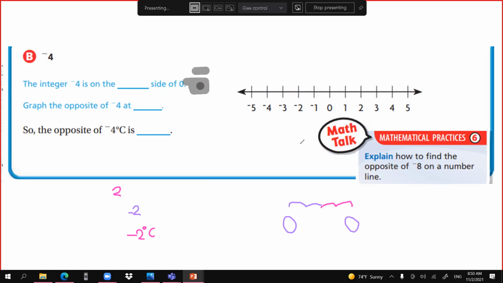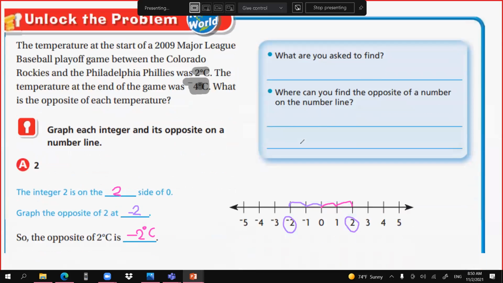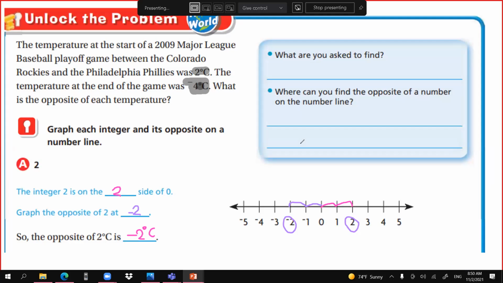No, don't compare them. I asked you what the opposite of it is. I don't ask you to compare them. What is the opposite of 2? You will say that I will go 2 places to the right, so I will go 2 places to the left.